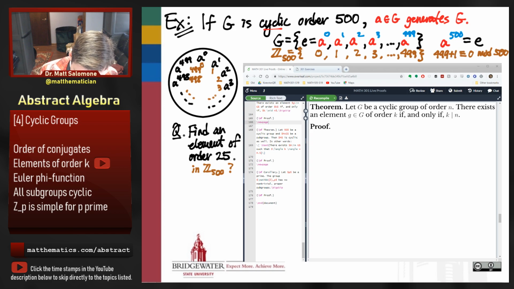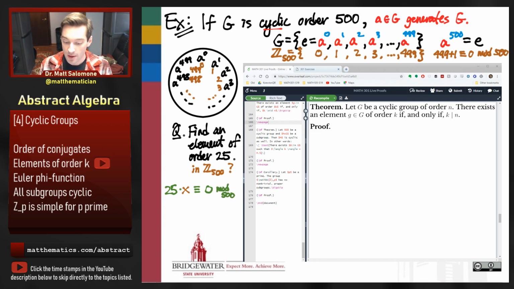So in Z500, the additive group mod 500, how do I find an element of order 25? Well, I would just be looking for an element x that when I add it to itself 25 times, in other words, when I multiply it by 25, the result is going to be 0 mod 500. So I need a number x which, when I multiply it by 25, the result is a multiple of 500.